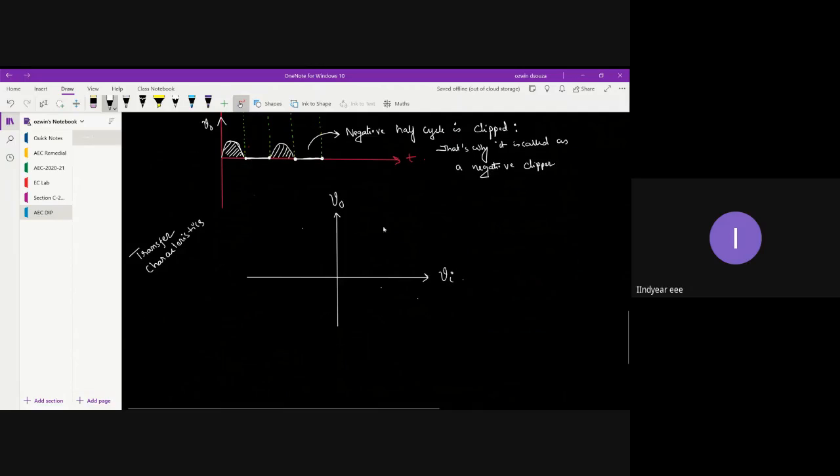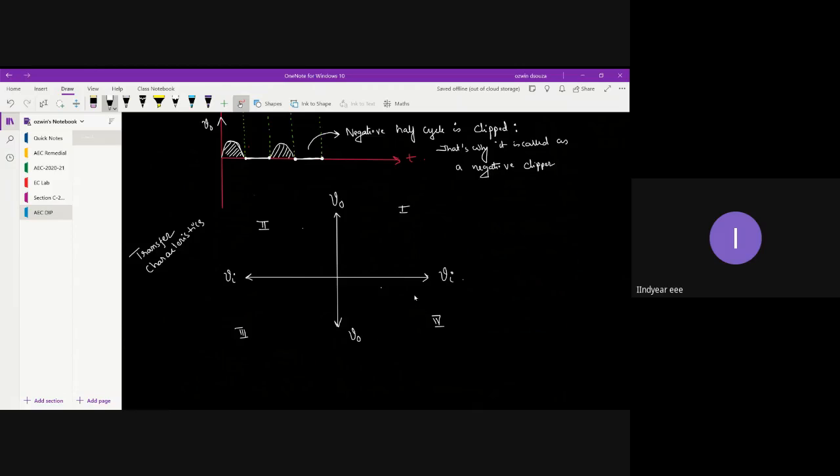This is my first quadrant, so V0 and Vi are positive. In the second quadrant, output is positive and input is negative. Negative input simply means the negative half cycle. Similarly, in the third quadrant, both input and output are negative. Again, negative output means the negative half cycle. And finally, we have the fourth quadrant, where input is positive and output is negative.